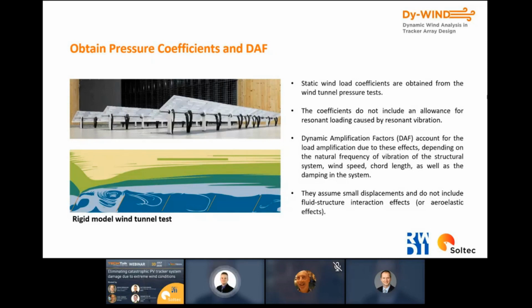Now, we know most structures aren't like that, and so we can also obtain approximations to the inertial forces we talked about earlier using what are called dynamic amplification factors. And these approximate the inertial effects and can be combined with the static to get an estimation of the total wind loads acting on the trackers.